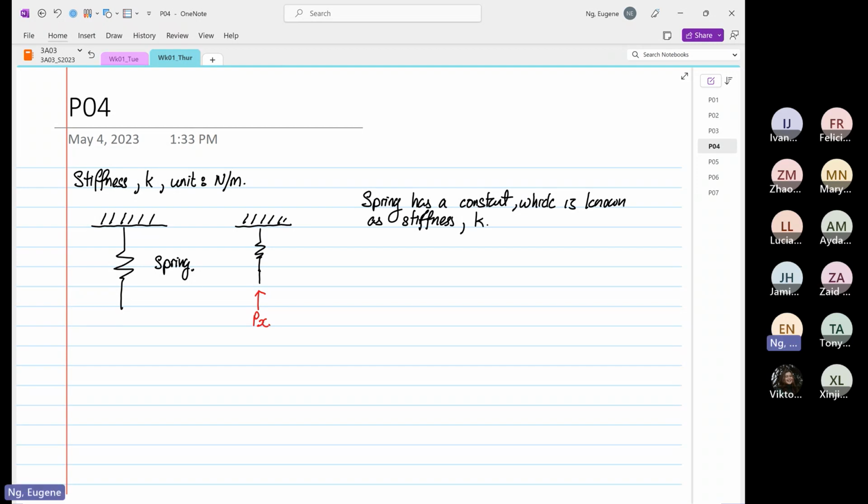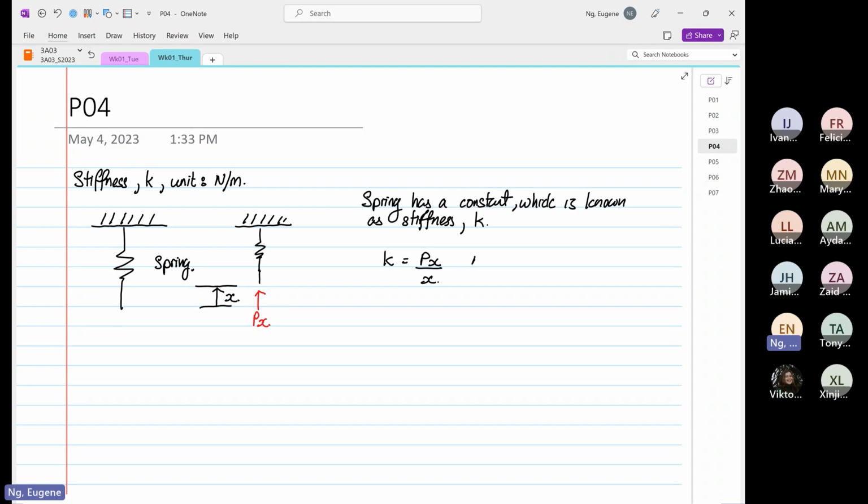So how they calculate this small k is they specify a certain force, and then there's a change in the x direction. So the stiffness is equal to Px over x distance. That's how you measure it.